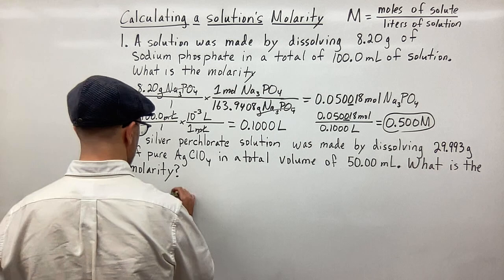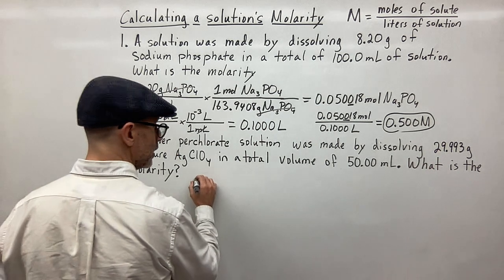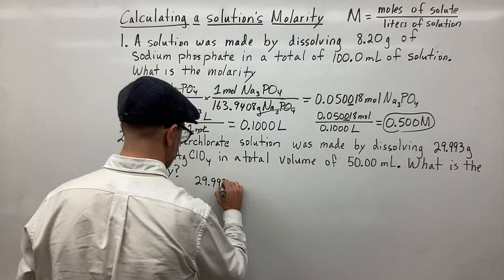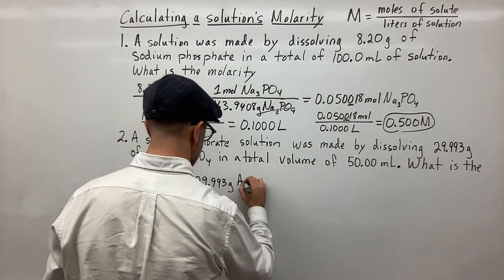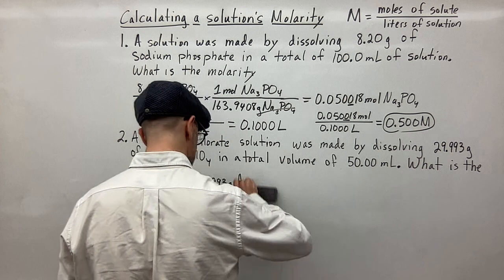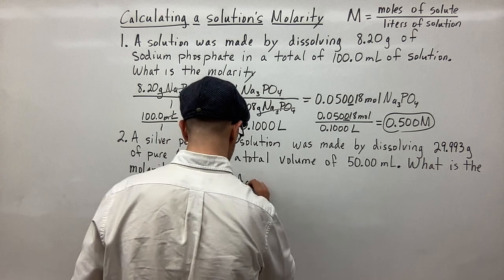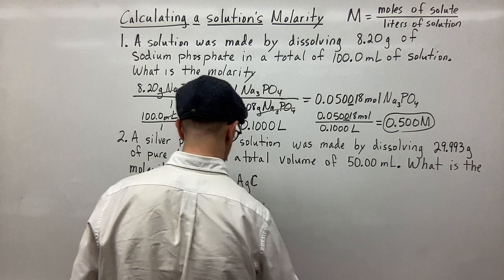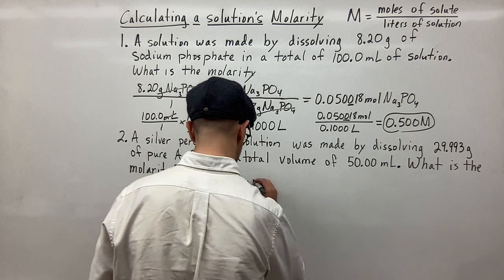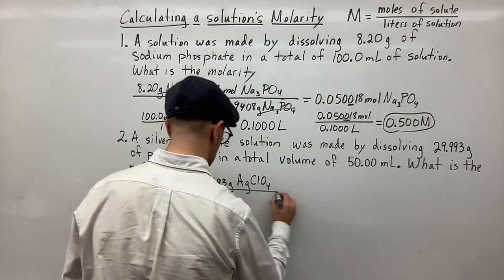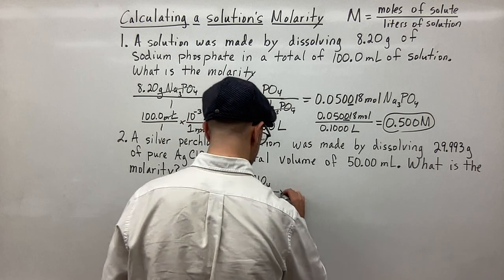So we're going to take the 29.993 grams of the silver perchlorate. Oops, that should be Ag, not Al. The silver perchlorate, AgClO4, over 1.